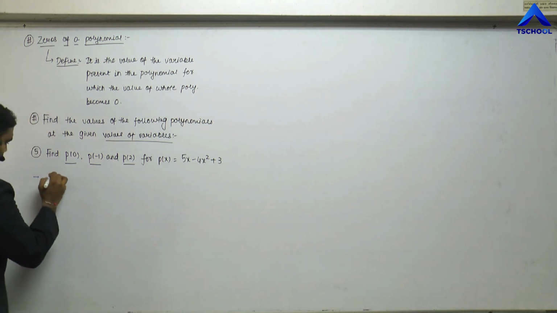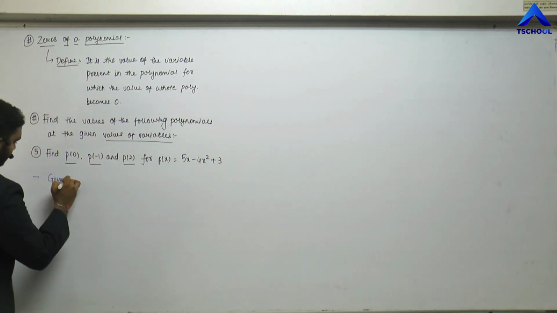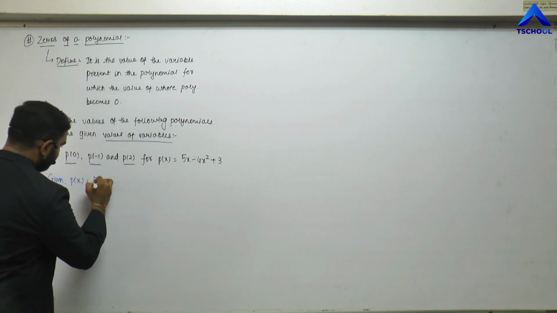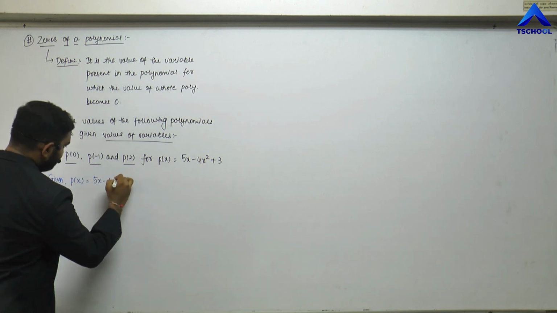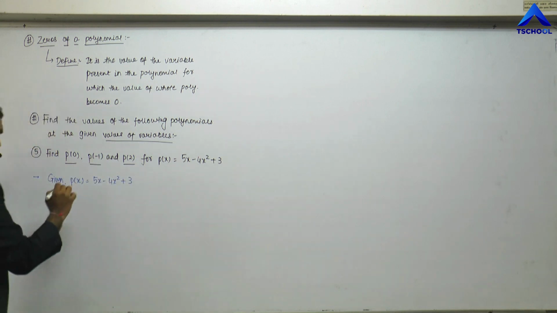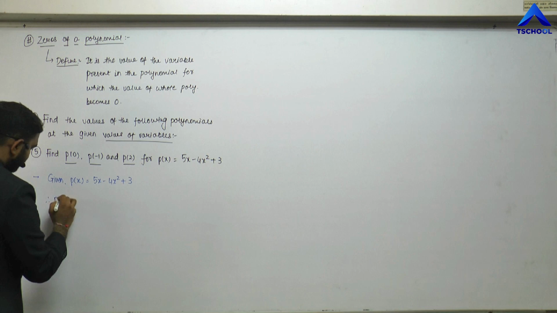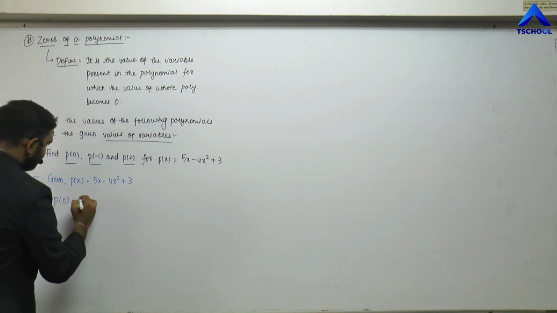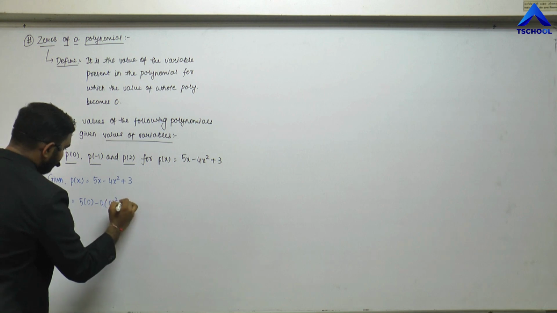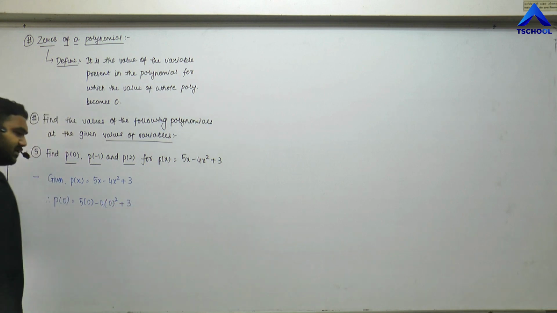So given P of x is equal to 5x minus 4x square plus 3, and hence P of 0 is equal to 5 into 0 minus 4 into 0 square plus 3.